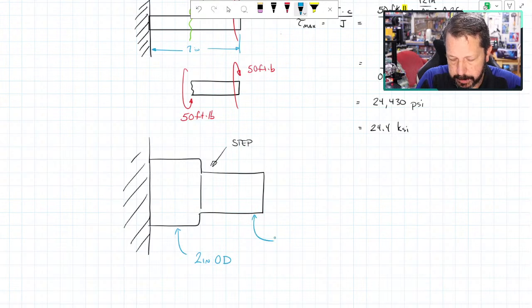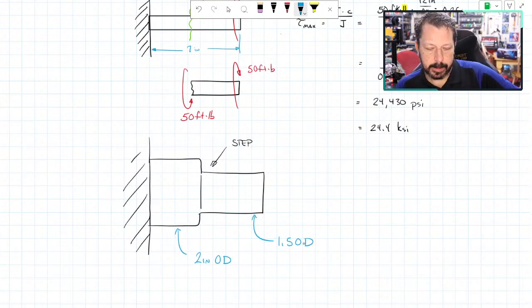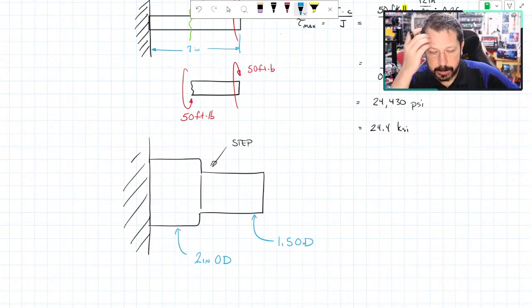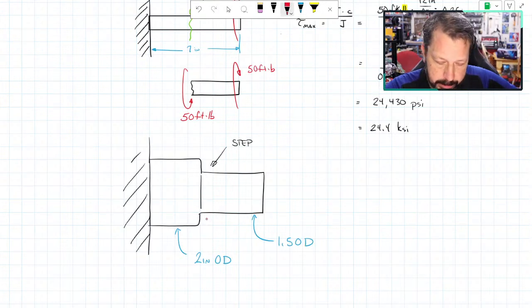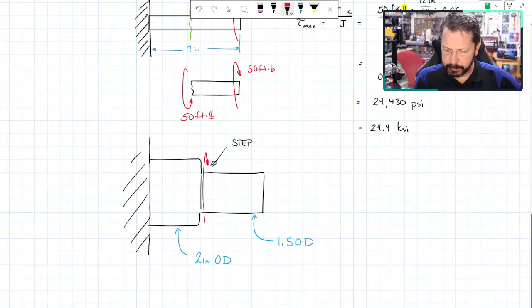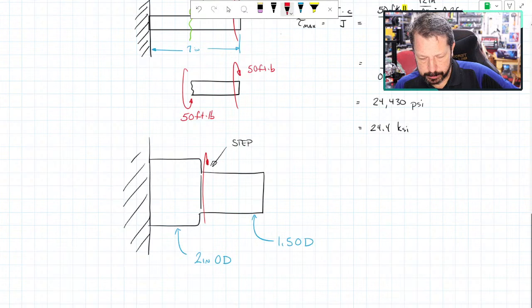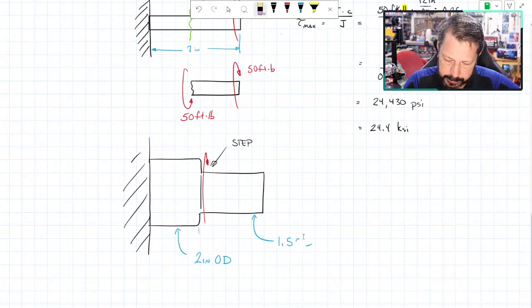And this one is a 1.5-inch OD. And on this step, let's say that we've got a gear put there, and it's applying torque to the shaft. I'm not going to draw the gear, but we've got a torque applied right there. And we've got a relatively large shaft here, 2 inches and 1.5 inch. I didn't put the units on there, but let's fix that.